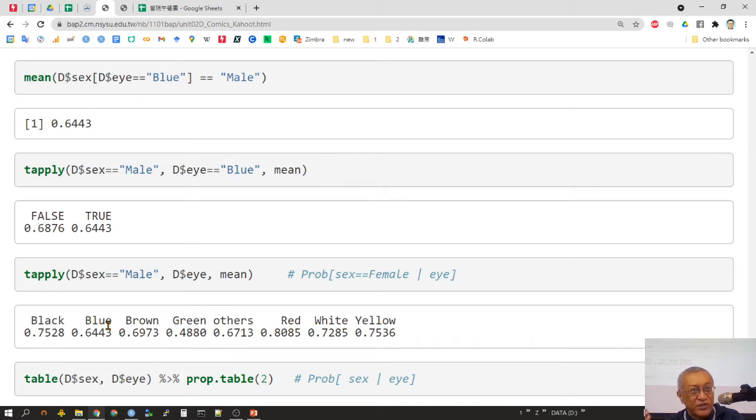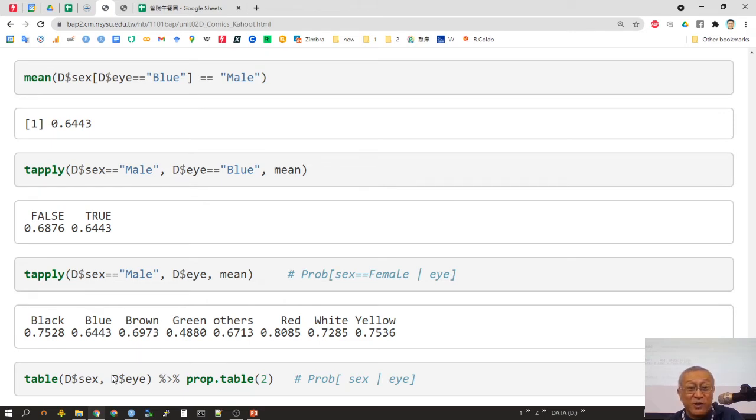No, you're right, we cannot say that. But why? Because this is actually a fraction, right? The red color people are maybe just 100, and the blue eyed maybe 1,000.